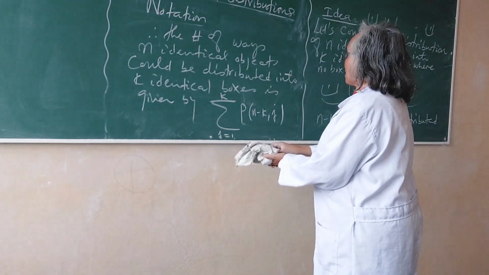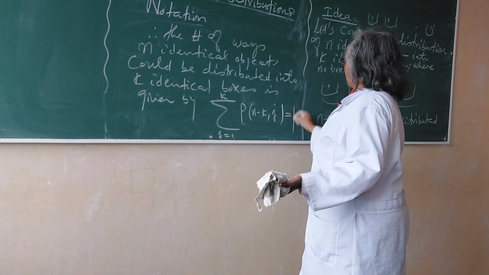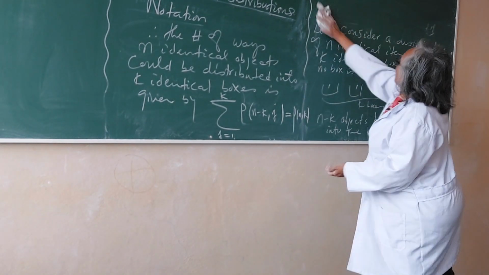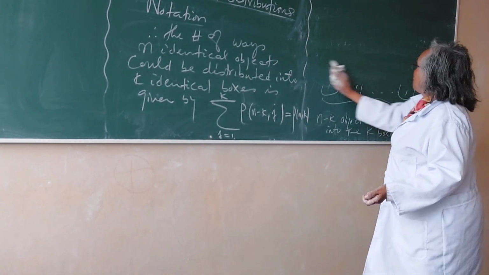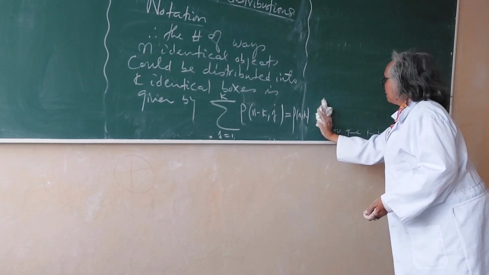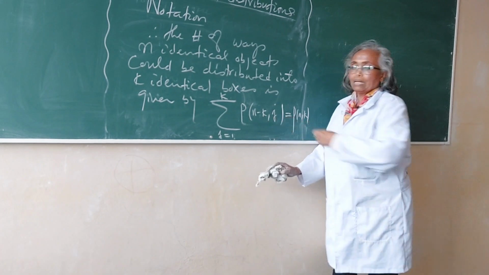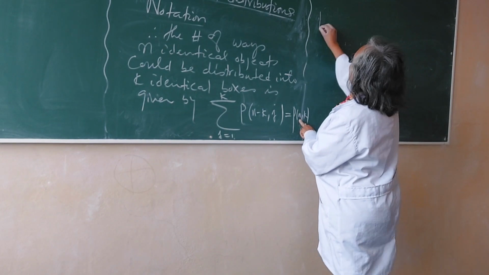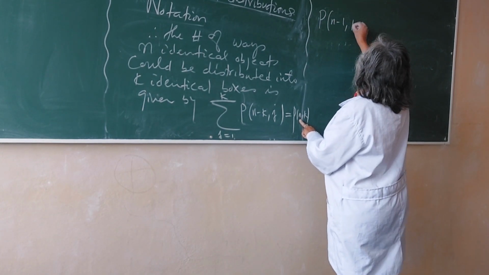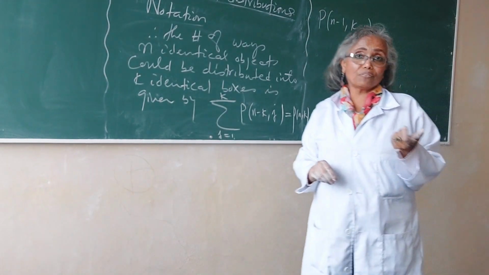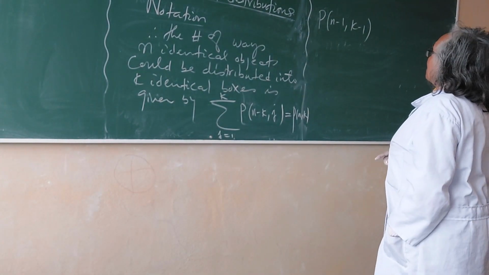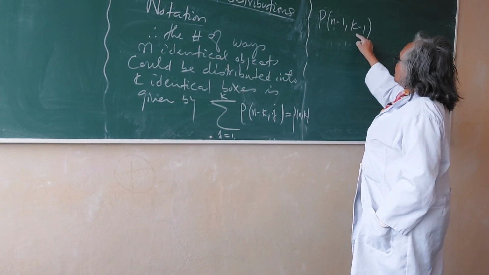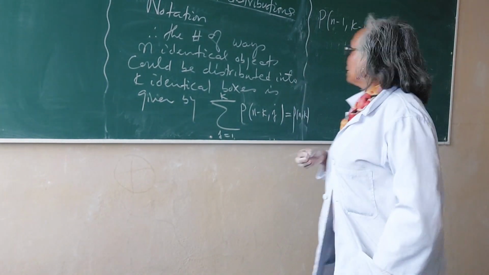Now, this is exactly the same as P(n, k). By the same reasoning, I can do that to a preceding term, P(n minus 1, k minus 1) too. The difference is exactly n minus k. If I give k minus 1 of this into these k minus 1 boxes, I will be left with n minus k objects.